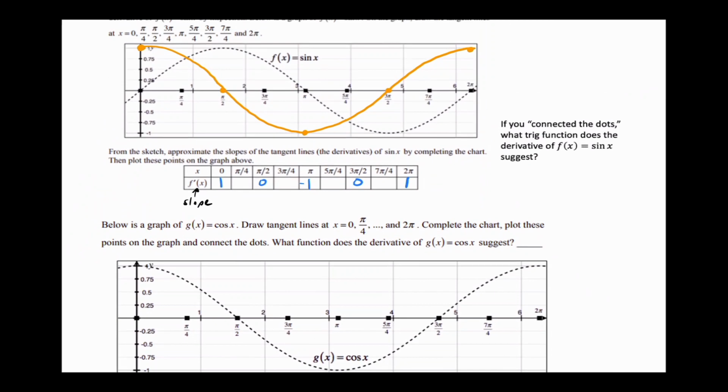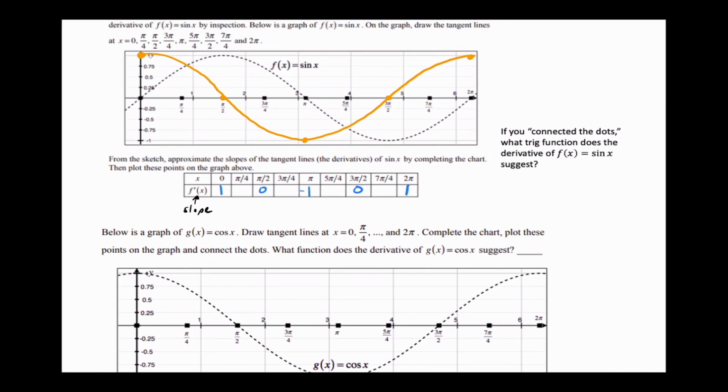So that's why the derivative of sine is cosine. Because when you graph all the derivatives, guess what you get? Cosine. So the derivative of sine is cosine, which it says at the bottom, right? That's why that one happens. Okay?